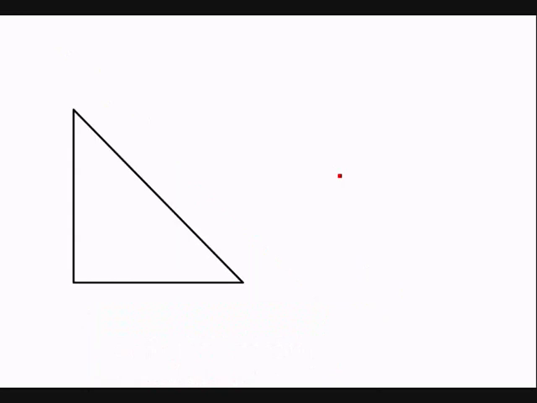Now let's again consider the same triangle. You must have noticed that the angle A is in a different color. That means I'm going to consider this angle now.